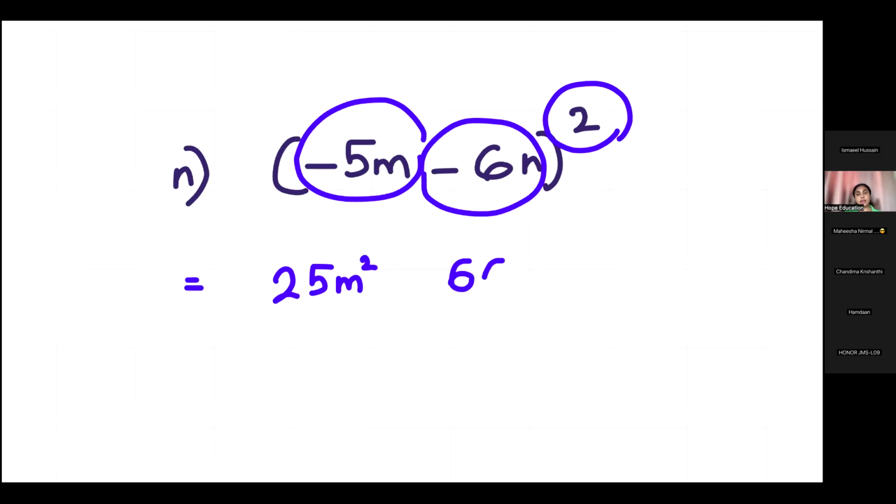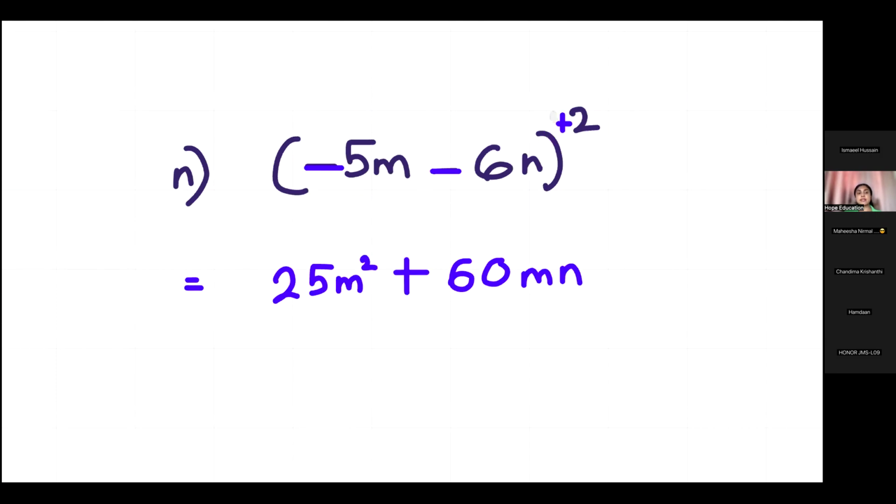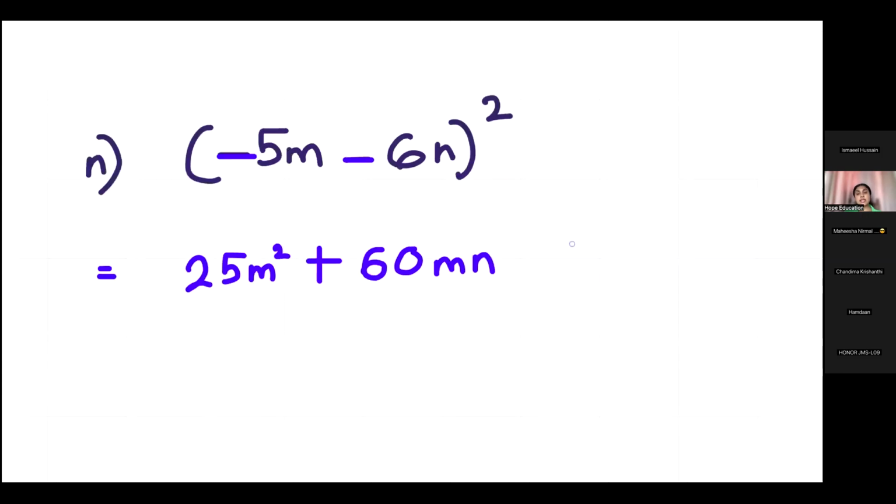Letters are m and n. Minus times minus is plus, plus times plus is plus. Then second term squared. Second term is minus 6n. So 6 times 6 is 36, n times n is n squared, and minus times minus is plus. This also clear? Thumbs up.